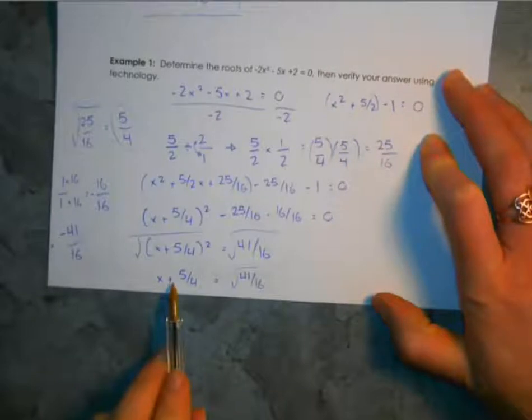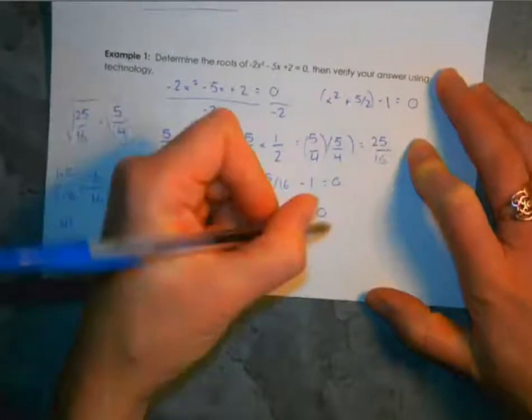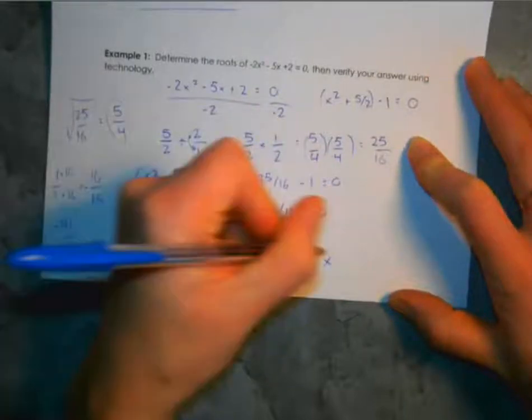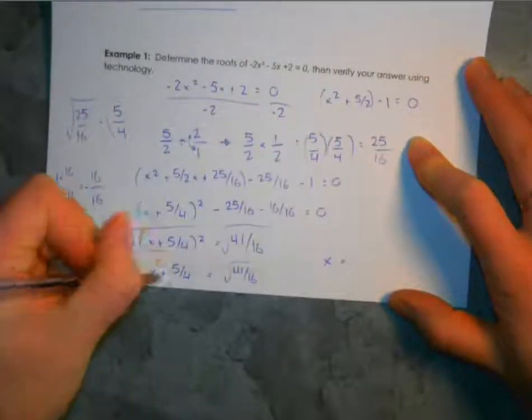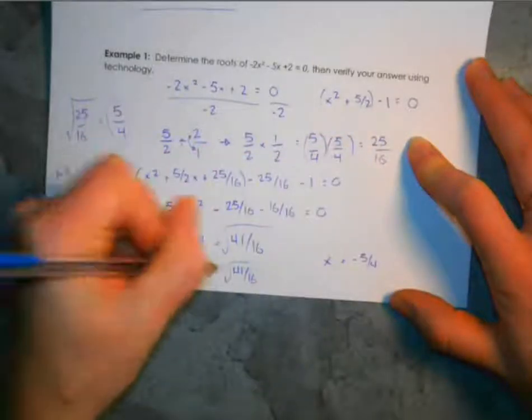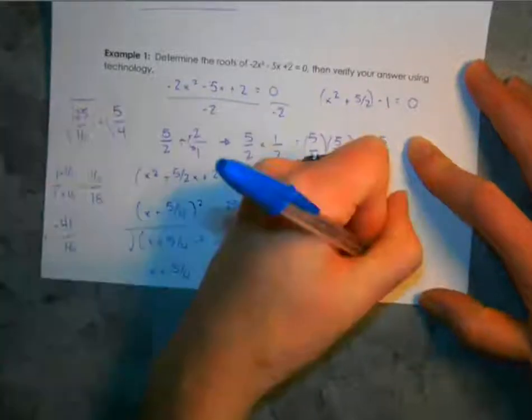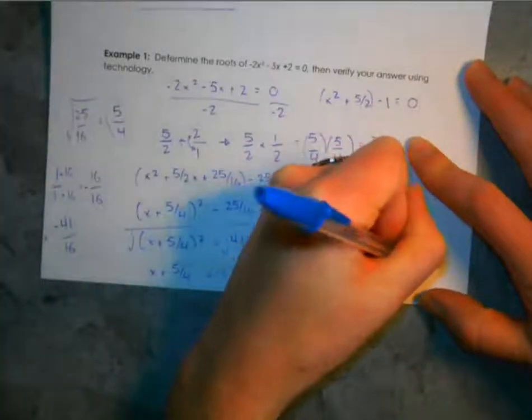And so now essentially what we need to do is just move this 5/4 over to the other side. So x is equal to, we had positive 5/4, so it's going to be negative 5/4. And then just remembering that when we have a square root, it's always plus or minus the square root of 41 over 16.